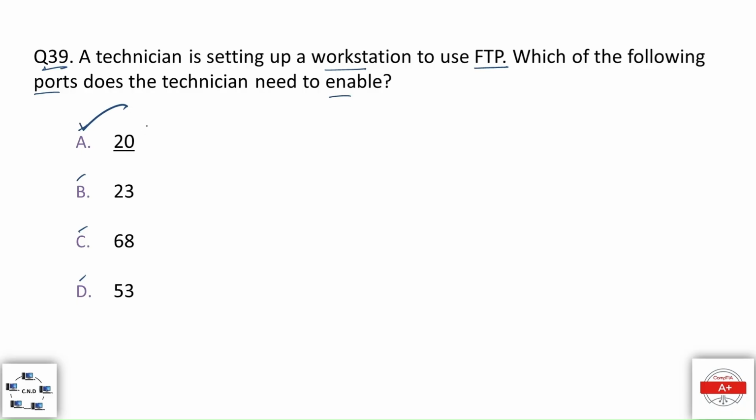So remember, FTP uses port 20. In fact, it uses two ports, port 20 and 21. One port is used for the control channel through which commands are sent, and the other port is used for actual data transfer. The other port, 23, is the Telnet port. 53 is the DNS port, and 68 is, I think, the DHCP port. We will see it in the explanation.